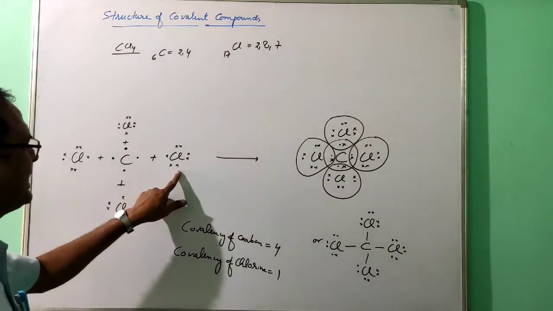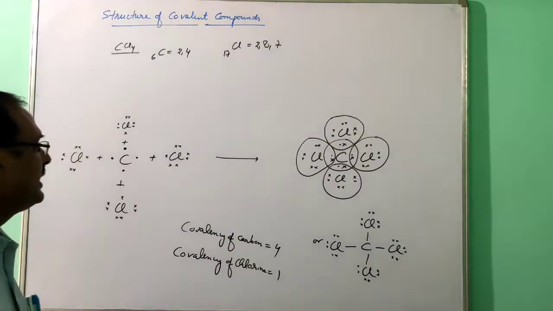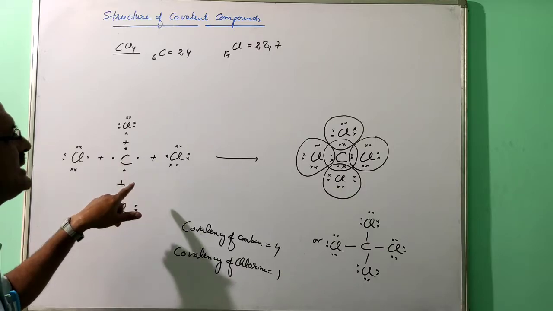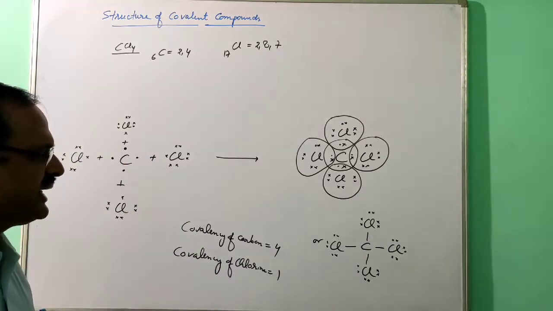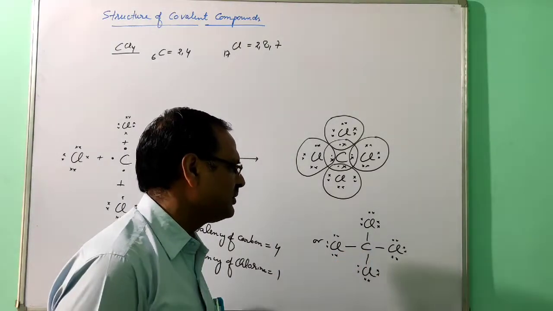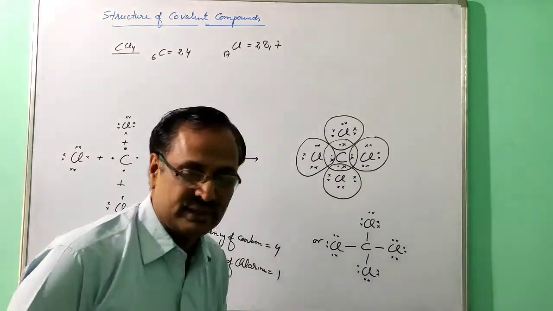One chlorine atom is contributing 1 electron, so that's why the covalency of chlorine is 1. And the carbon covalency is 4 because the carbon atom contributes 4 electrons. And regarding this central atom, no lone pair, but for the chlorine atoms 3, 3, 12 lone pair electrons are there.